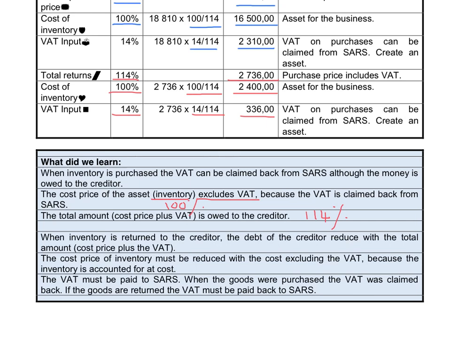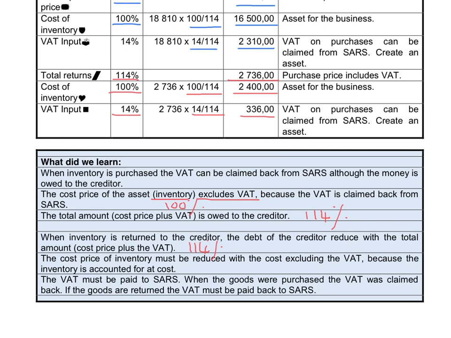When inventory is returned to the creditor, we will reduce with the total amount, that is the cost price plus the VAT, and we will reduce the creditor with a full 114%. The cost price of inventory must be reduced with the cost excluding the VAT, because the inventory is accounted for at cost.